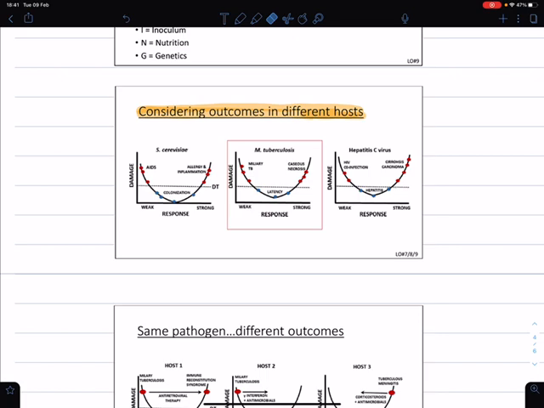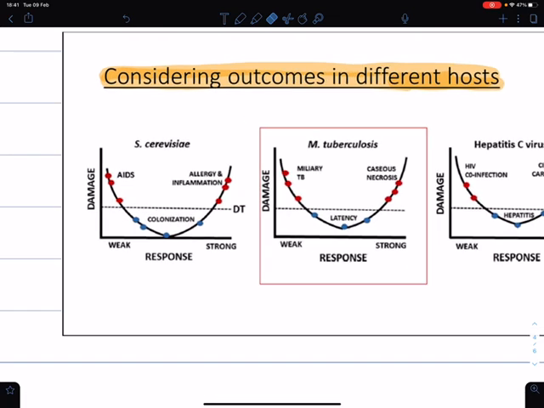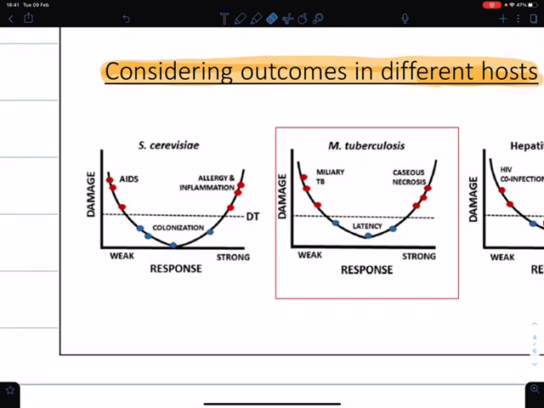Okay, so considering outcomes of different hosts. You can see here this person has AIDS. Then he's getting infected with Staphylococcus, which is actually a symbiont, so it shouldn't actually cause a disease, but because this person has a non-effective immune response due to the HIV or AIDS virus, the body will not eliminate the microbe.